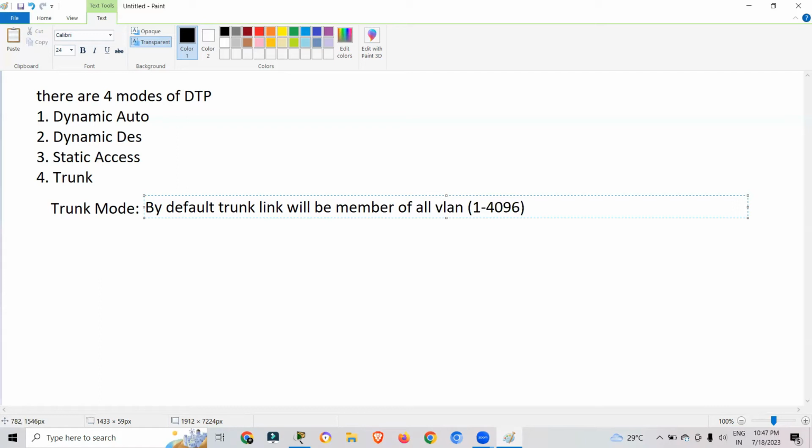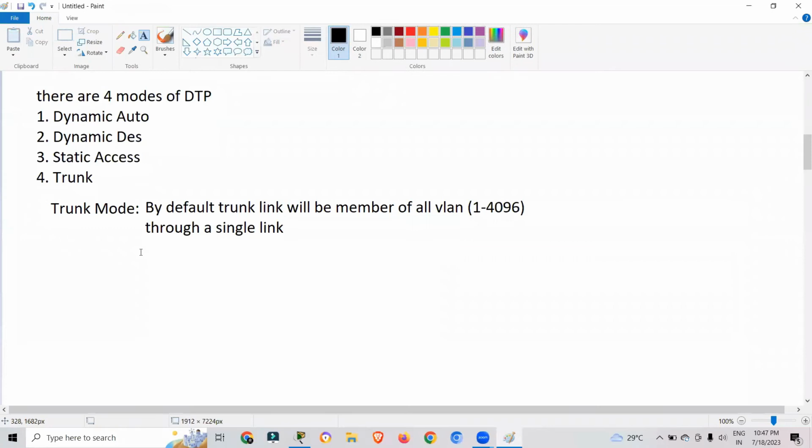With the help of a single link, I can forward the data of multiple VLANs. That mode is called my trunk mode, right?